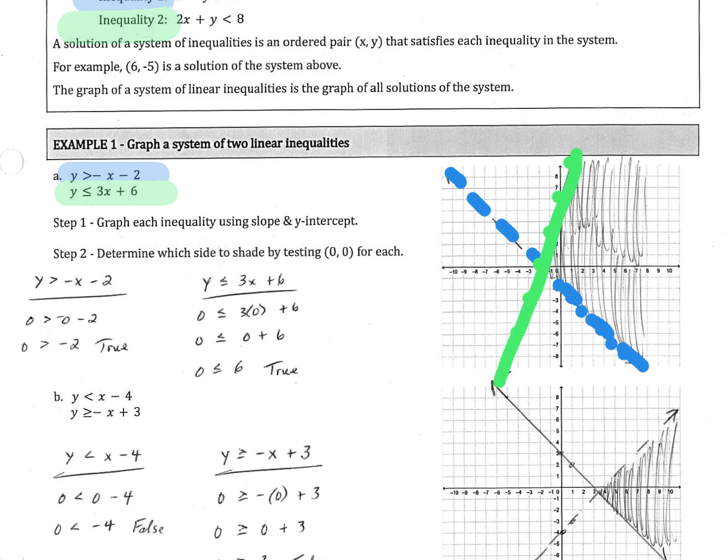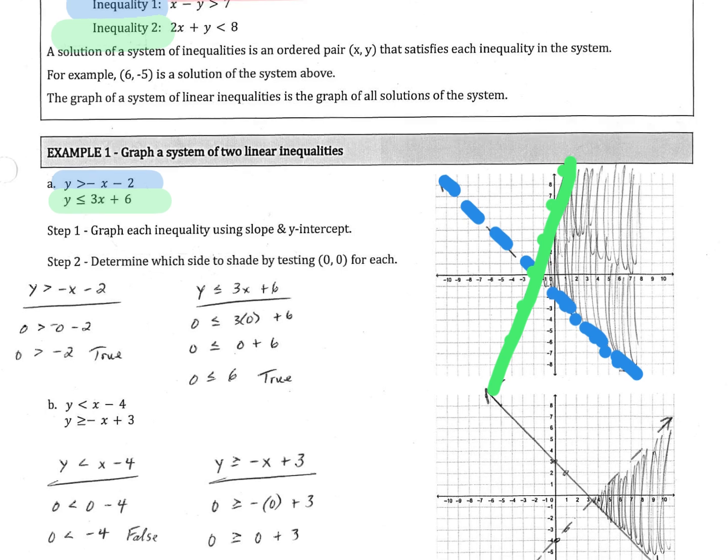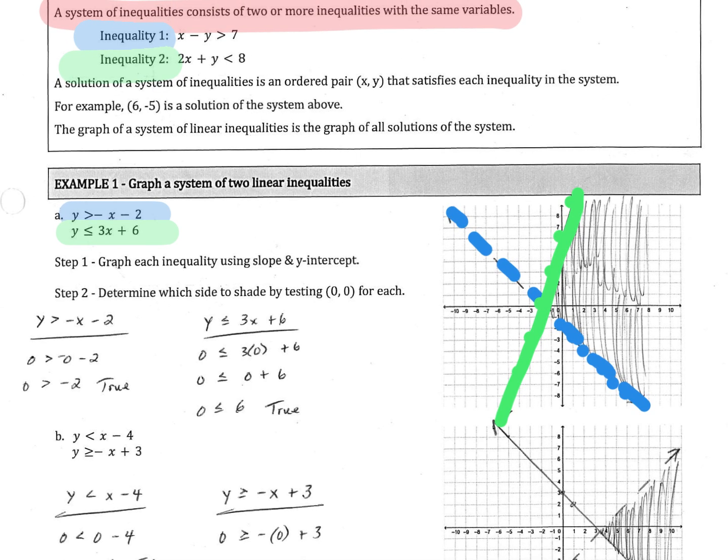Now let's look at why I shaded where I did. The first inequality says y is greater, so that means to shade above. Let's go back and do that in blue. That means I'm going to shade above.